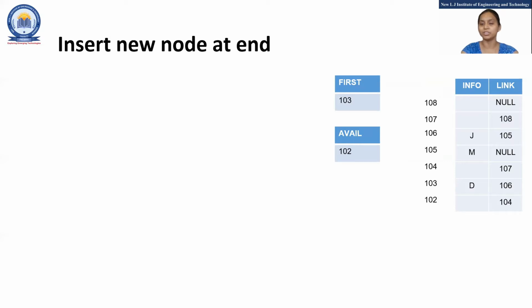If some person adds values at 102, 104, 107 and 108, it means all the free space would be occupied by some nodes. In that scenario, avail will become null because it has nothing to point to. No free space is available and you cannot add anything in this linked list.